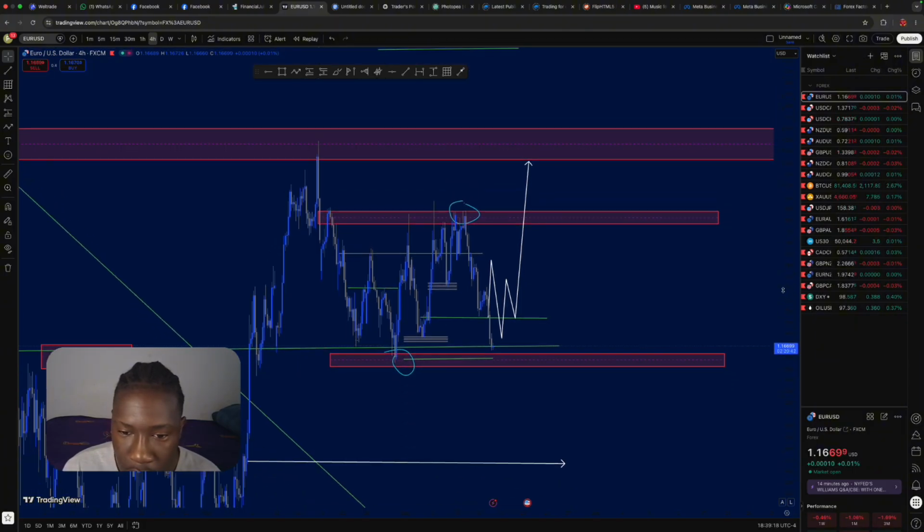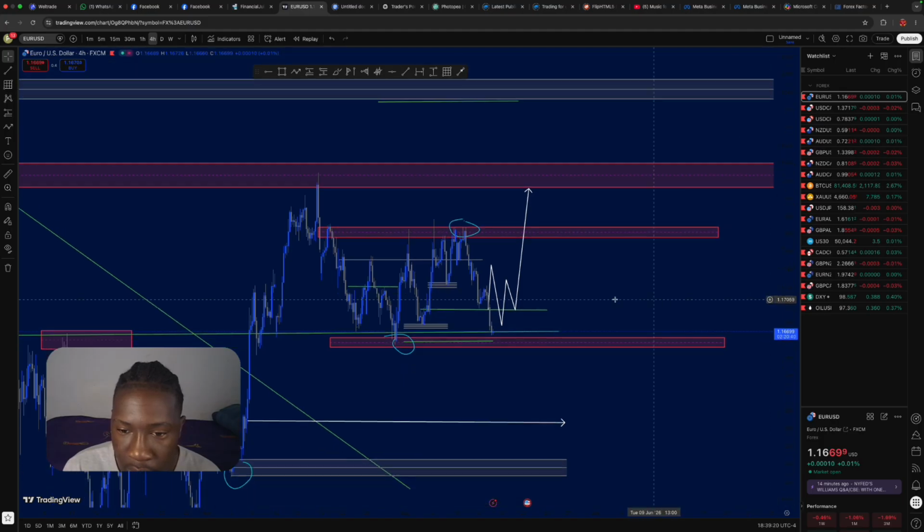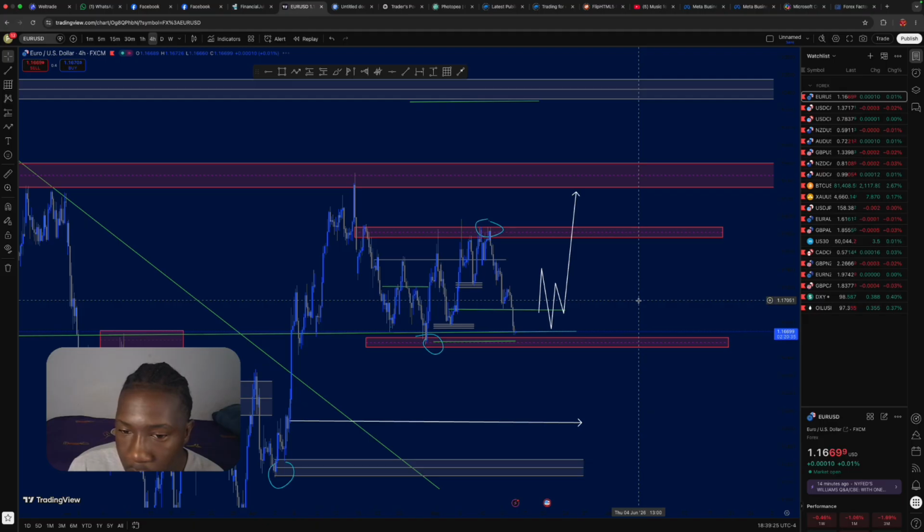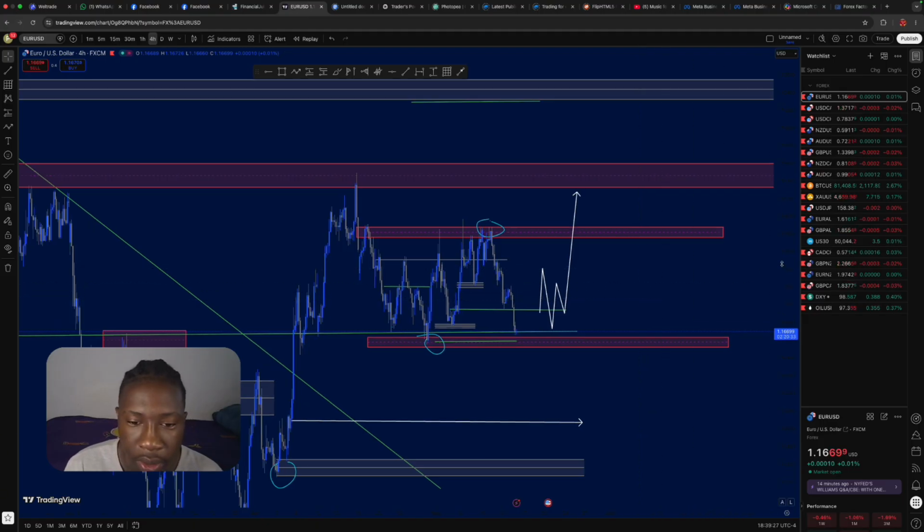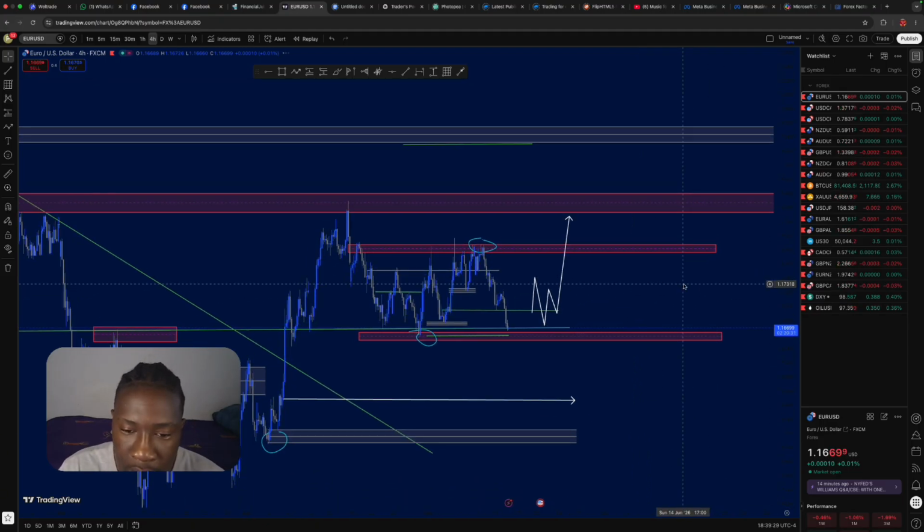So this was our analysis for yesterday. We said we need this. So this was our analysis for yesterday's market. So we said we need to see a change of structure before entering any buy, because we thought the market is going to continue buying, but it didn't do so.